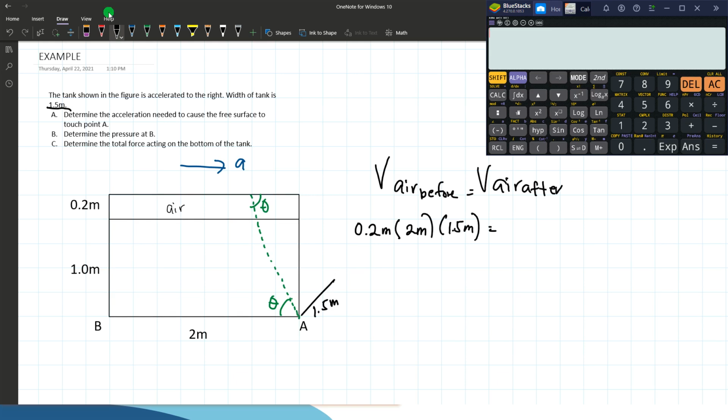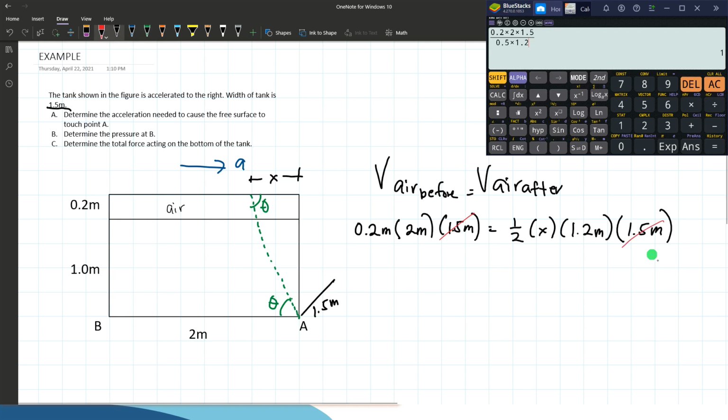If the liquid surface touches point A, we form a right triangle. That's 1/2 base times height. So this will be your base, say this is distance x, multiplied by the total depth 0.2 plus 1, that's 1.2 meters, multiplied by the width 1.5. So 1.5 is cancelled out, and we divide both sides by 1/2 and 1.2.